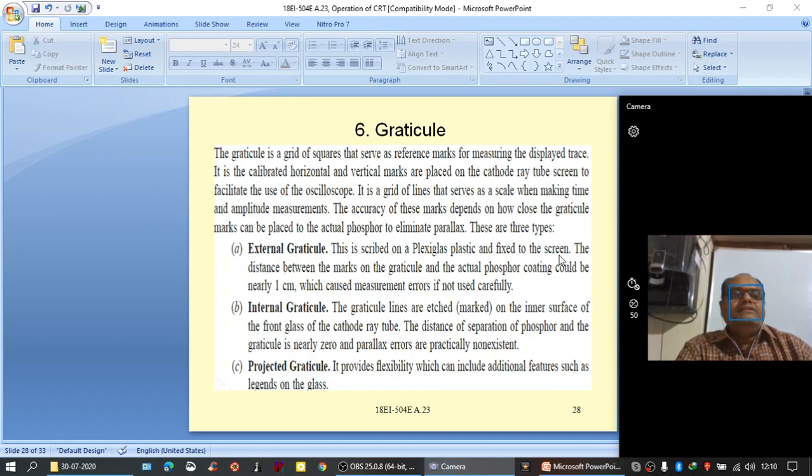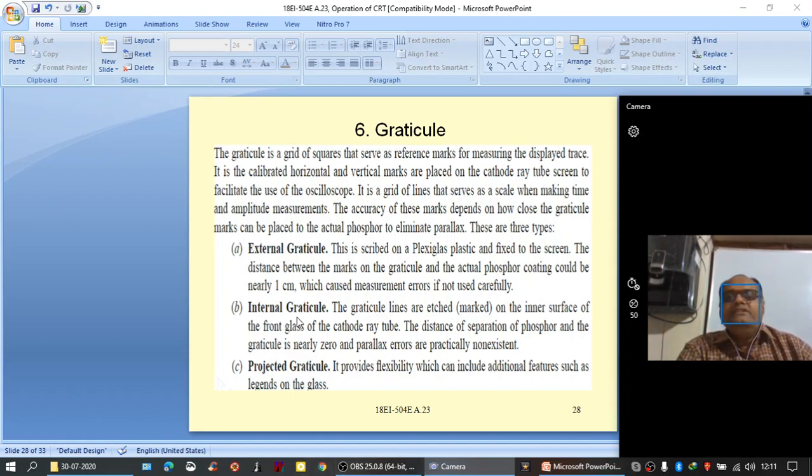That is called the external graticule. The distance between the marks on the graticule and the actual phosphor coating could be nearly 1 centimeter, which may cause measurement errors if not used carefully.